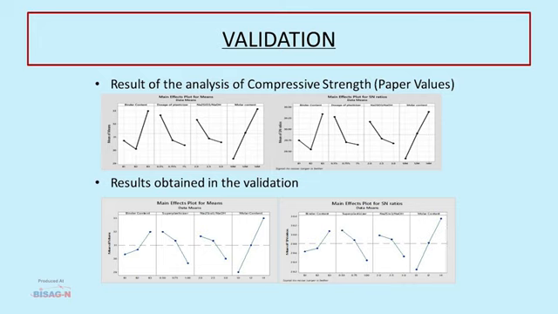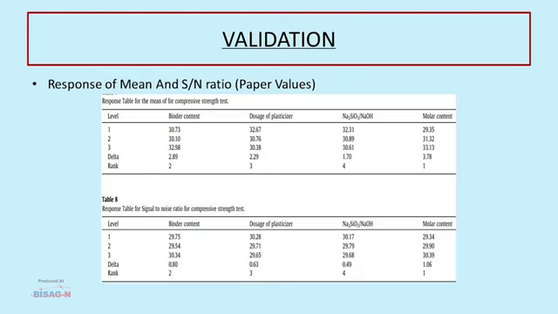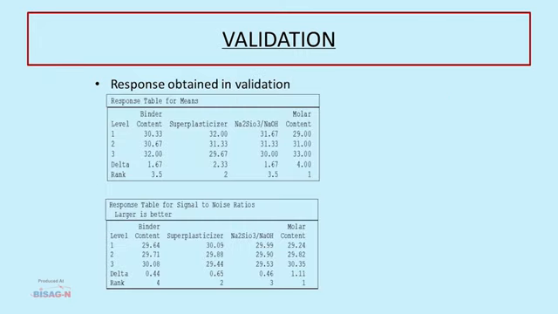The results that are being shown are from the paper, and that has been validated, and the validation results are similar, which shows that the molarity of the geopolymer plays the most important role in the compressive strength of the concrete, followed by the binder content and followed by the dosage of plasticizer and the ratio of NaSiO3 to NaOH. The response was validated and similar results have been achieved.